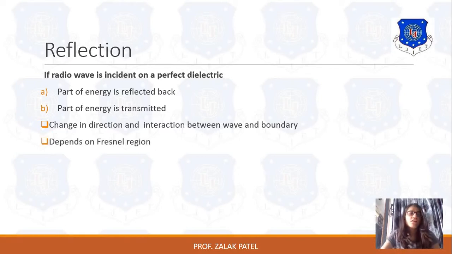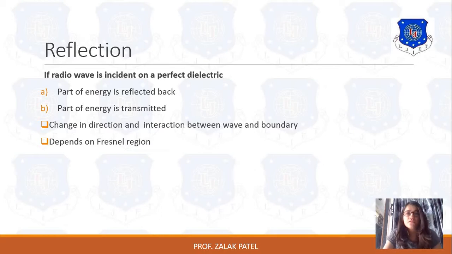Next, it also depends on the Fresnel region. As we know about the geometry of field zones for an antenna, there are three types of zones: the radiating near field zone, the Fresnel zone, and the far field zone. We already discussed the far field or Fraunhofer region in the previous lecture.